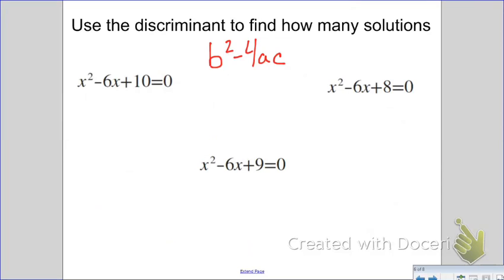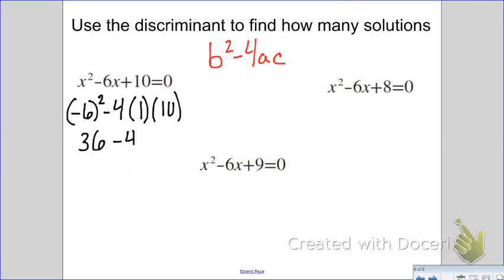B in the first problem is negative 6 squared minus 4 times a in this problem is 1, and c in this problem is 10. So this is 36 minus 40. This equals a negative 4.